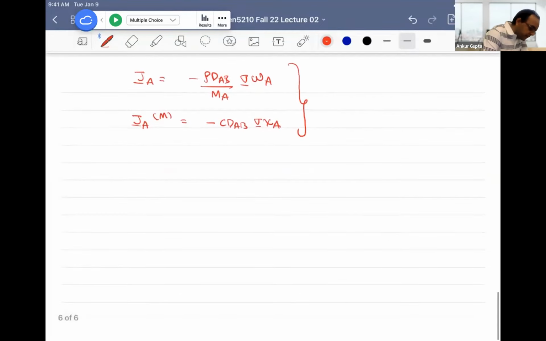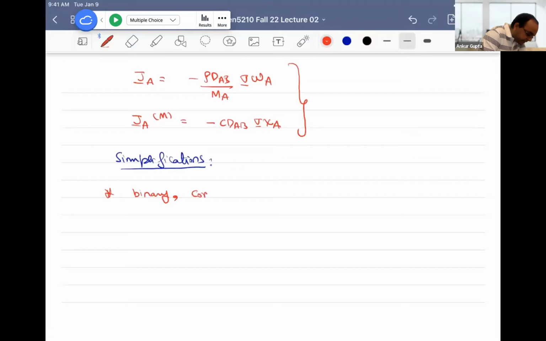So simplifications, and this is very important to understand. Okay, simplifications. First is constant rho. Okay, so binary system, but constant density. All right.